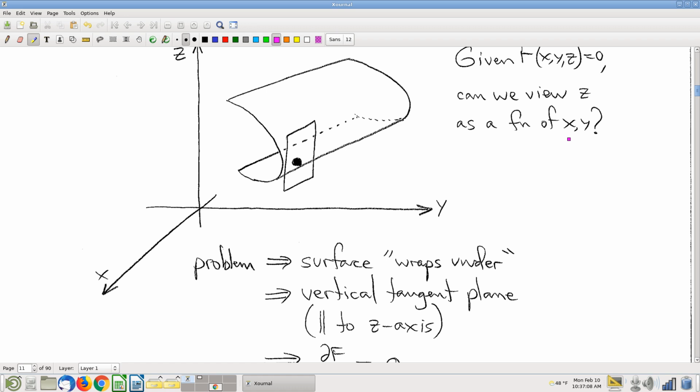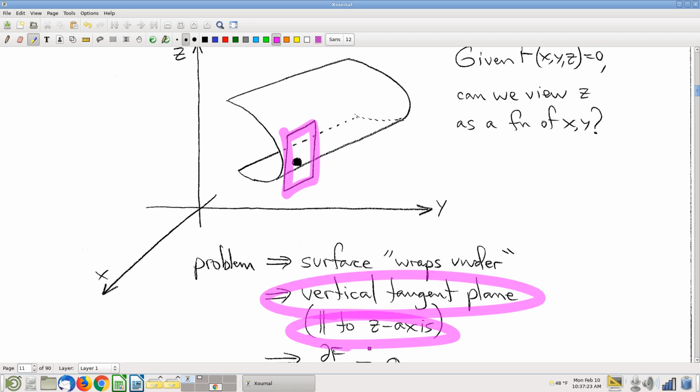So, we argue analogously. The problem, if there is a problem, such as we see there, the surface is wrapping under itself. That means it's got a vertical tangent plane. Vertical means it's parallel to the z-axis.